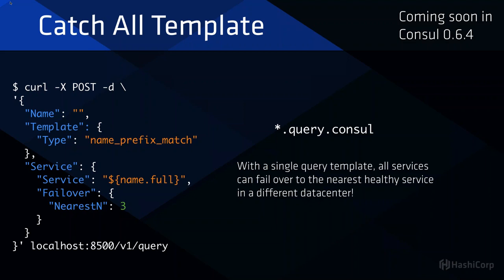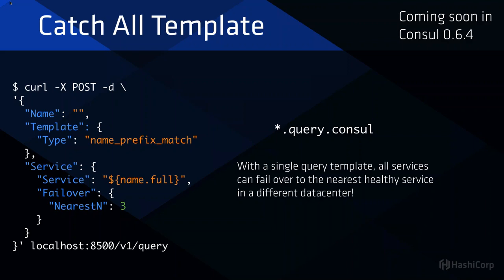So this is a pretty amazing set of functionality in a very, very simple form. An application that was formerly looking for redis.service.consul, if you change that to redis.query.consul, it'll have geo failover, and your application doesn't have to know anything else other than use this new name, and it'll magically do failover stuff.